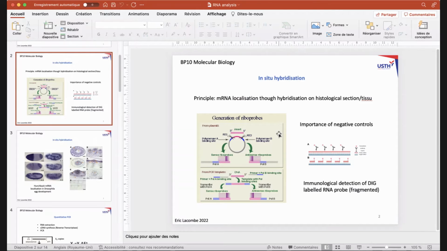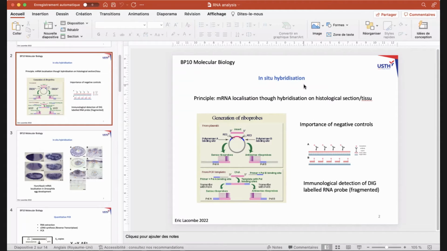Yes, it's okay. So I just add one more slide, which is very technical, but it is important as well for this in situ hybridization experiment, because you have to understand that this method is very complicated to set up because there is a lot of background signal all the time.